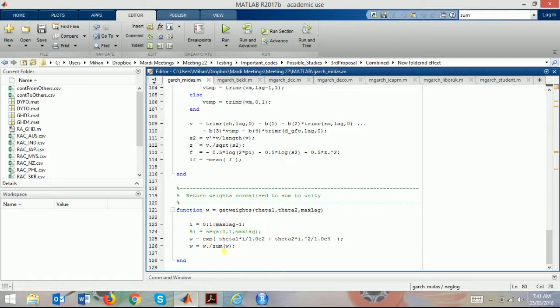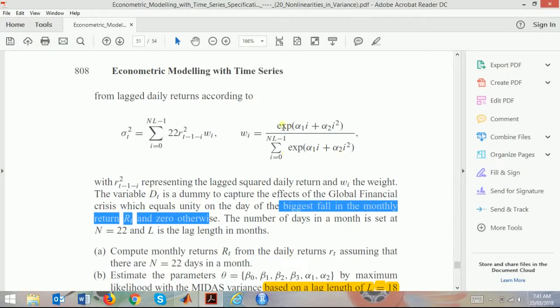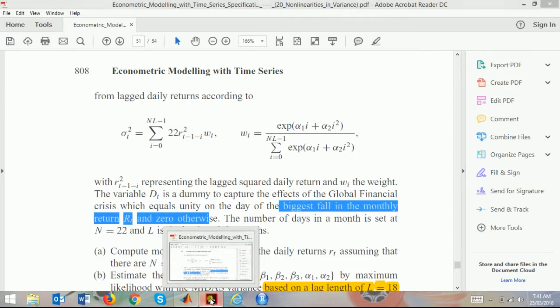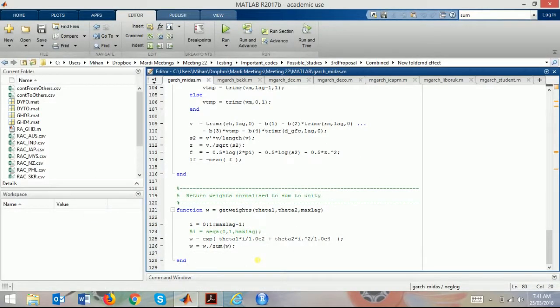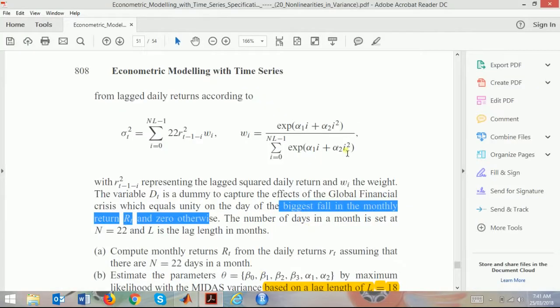Then W is equal to exponential of theta 1 i divided by 1.0e2 plus theta 2 i squared divided by something. Okay.